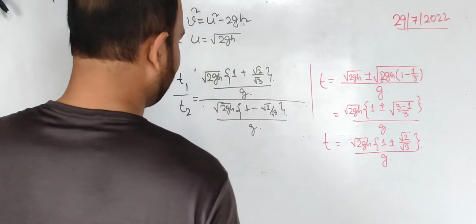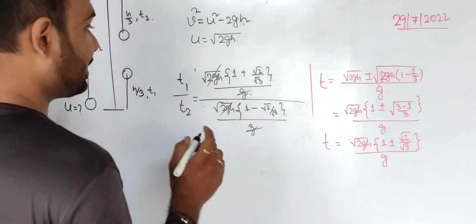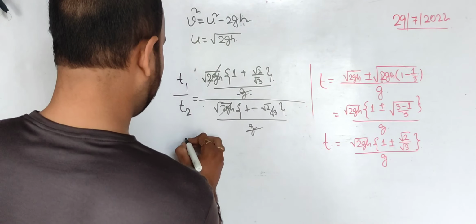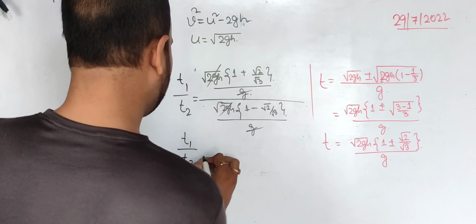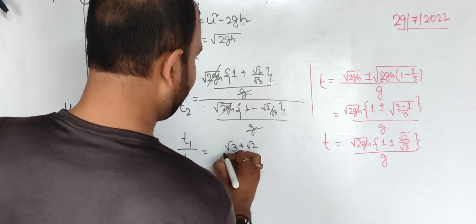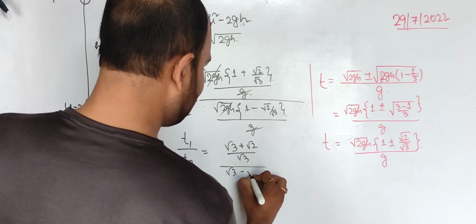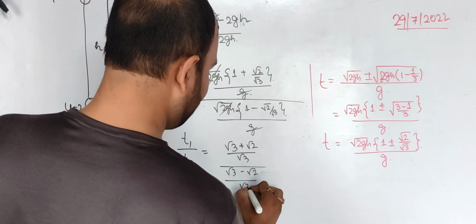g gets cancelled out. Root over 2gh cancels out. t1 by t2 equal to root 3 plus root 2 divided by root 3, root 3 minus root 2 divided by root 3.